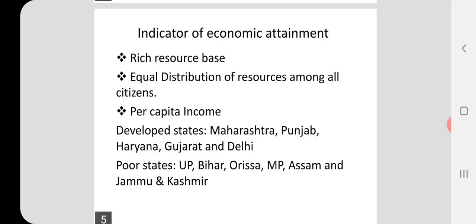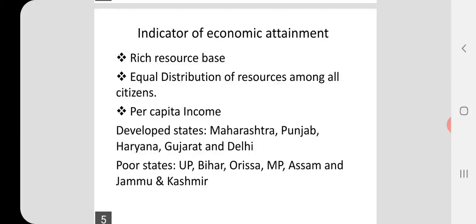If the resource base of a state is very high, the state is ranked towards the top of the Human Development Index list.